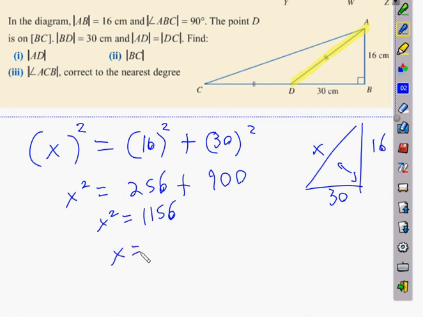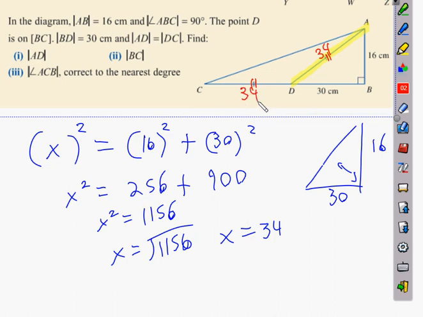What's the square root of that? 34. So x equals 34. Now that we know that much, that means the other line is 34. See these two lines here? These two lines mean that they're equal to each other. They use a marking to show that two lines are the same. So that means this one is also 34.